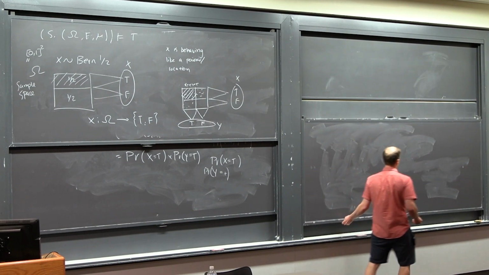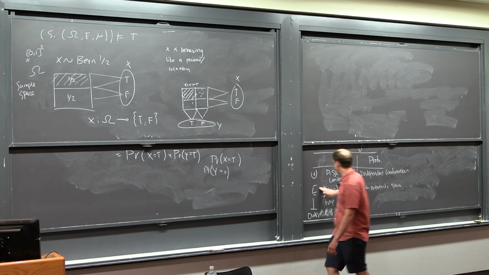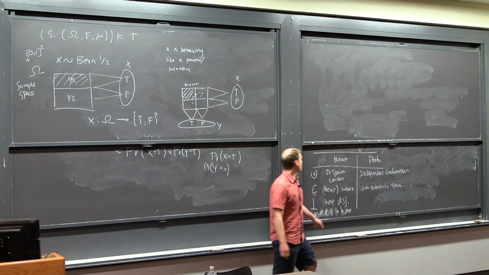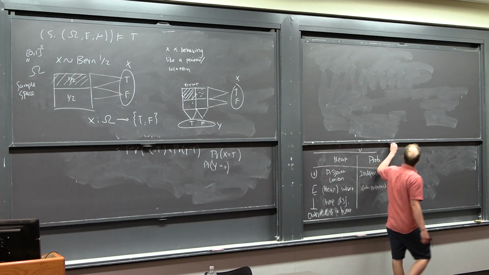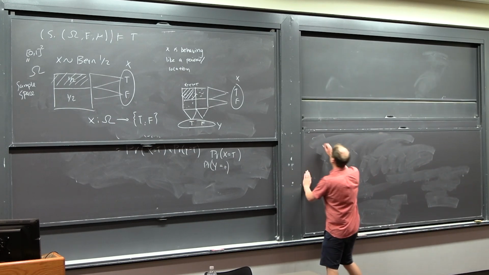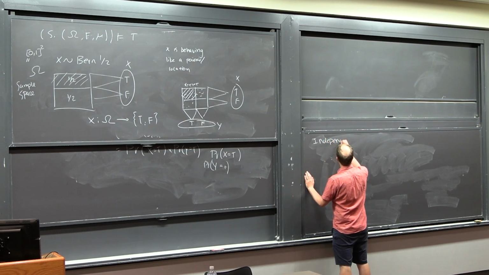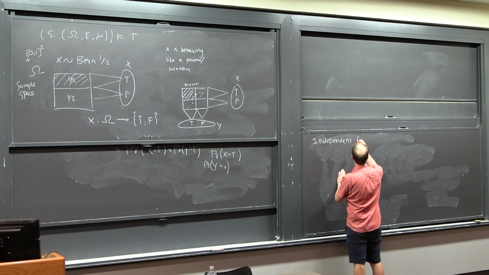Okay. So we need this guy, we need this guy, we need this guy. Right? Let's do the disjoint union. Okay. This is going to be independent combination.